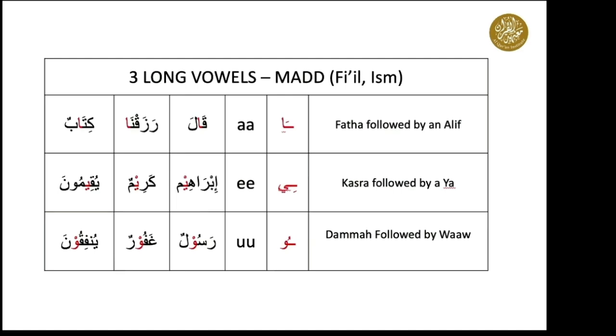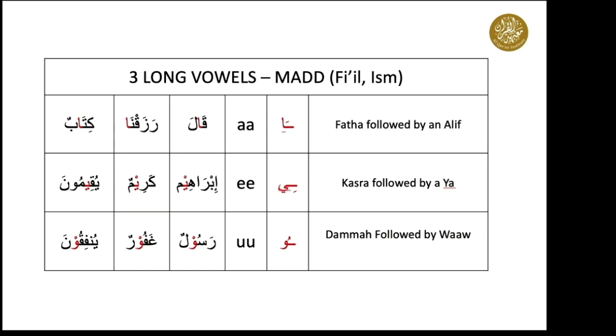Let's talk about long vowels. Long vowels in Arabic are used in 2 types of words or kalima, and they are fi'l or ism. The long vowels in Arabic are a, i, u. They are written by using 3 of the letters in the Arabic alphabet. The letter alif is used in the long vowel a.